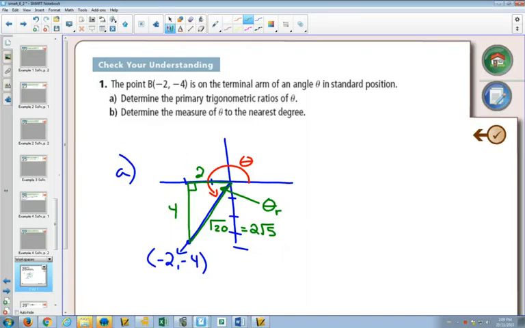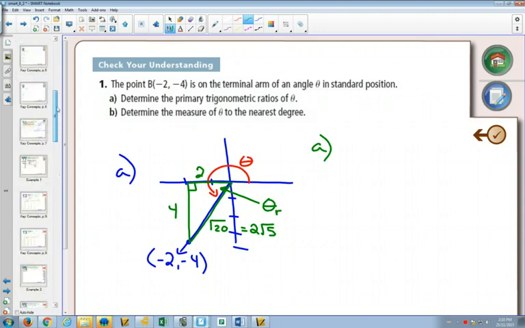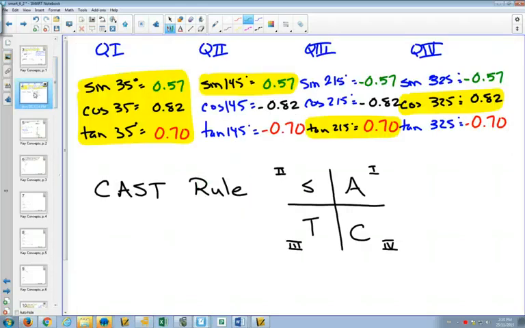And part A becomes really easy. To find sine, cos, and tan of theta, we just have to think of our reference angle. Because what we learned before, well, I'll go all the way back up. Where was it? Here. When we did this before, with 35 degrees, we found out that no matter what quadrant something's in, if the reference angle's the same, sine, cos, and tan are the same.